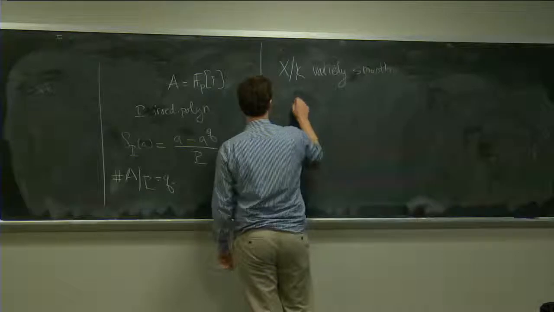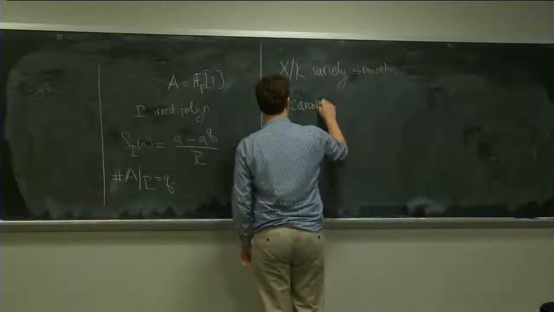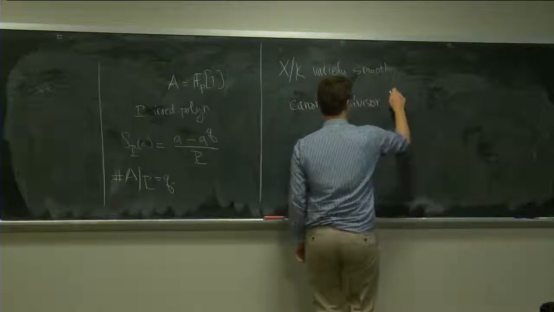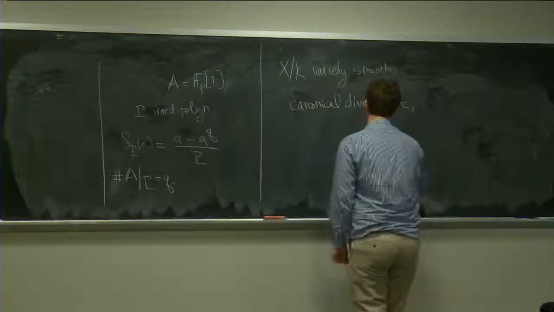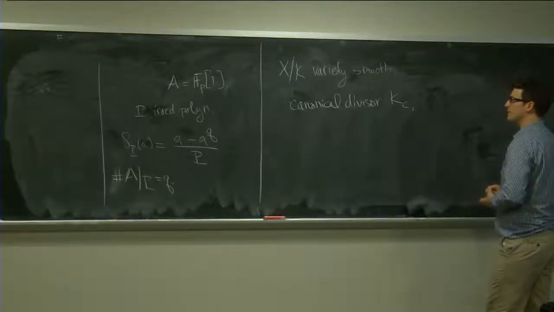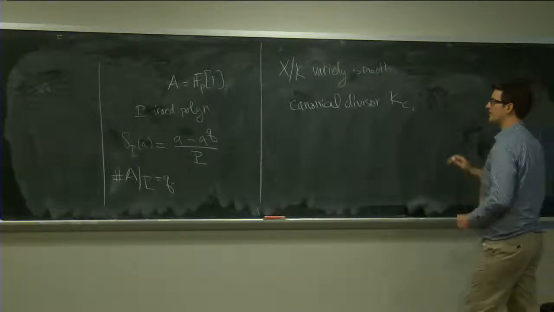So you have a canonical divisor K of X. This K of X has nothing to do with the field. This is just the canonical divisor on this variety.